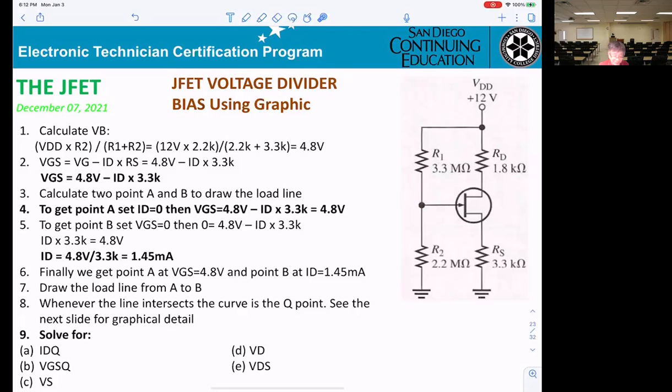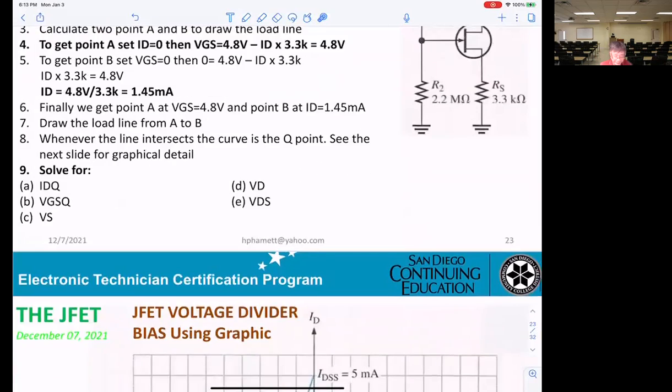And basically, they're telling you you need a graphic to do it. However, if they don't give you the graphic, then they have to give you either VD right here, value, or VS right here. Okay, then you can do the calculation without using the graphic.